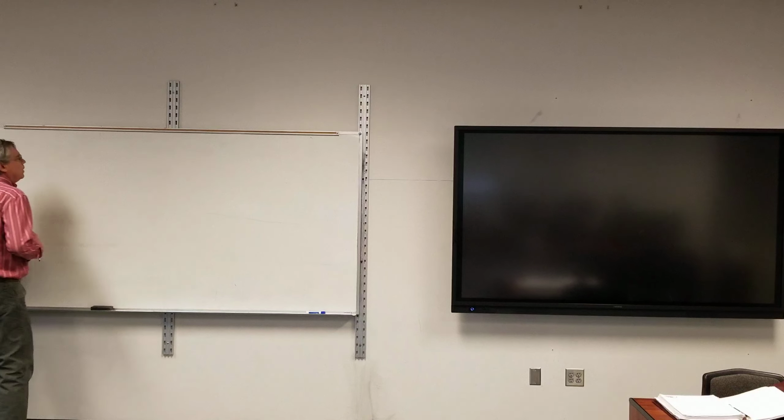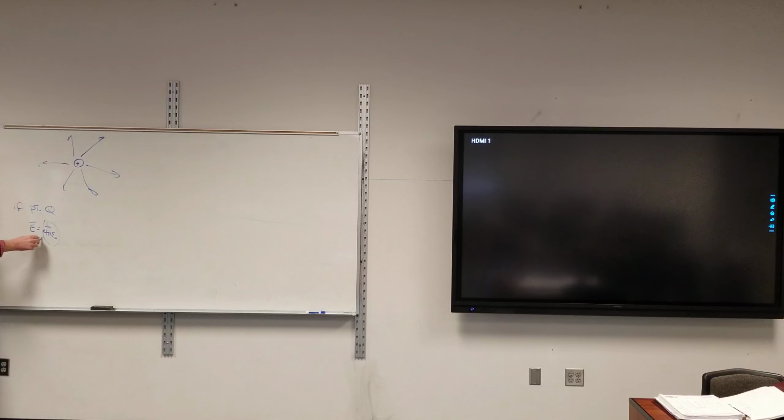And I'm putting this form just because we're going to slowly transition to the other form, K sub E or K sub C, whichever one I'm going to use. I generally write K sub E or K sub C just because it's less writing. Times Q over R squared R hat. All right, so that's the electric field. Because Q is positive, it's in the positive R hat direction, goes outwards. If Q is negative, it's in the negative R hat direction, which means inwards.